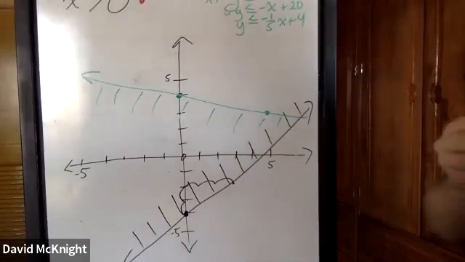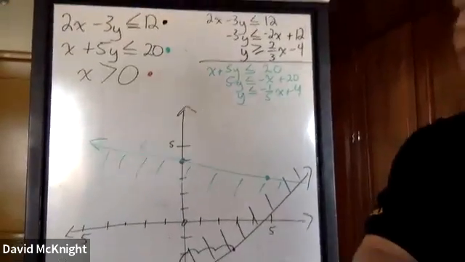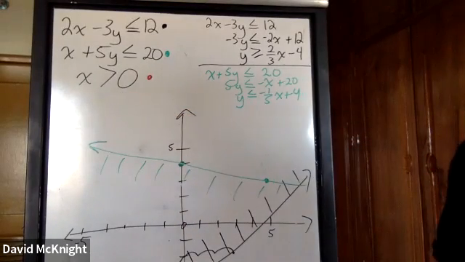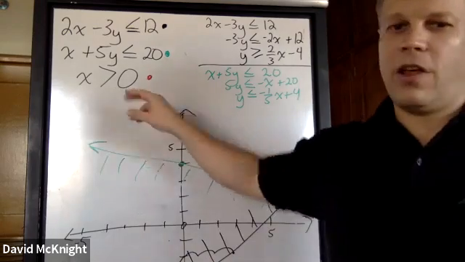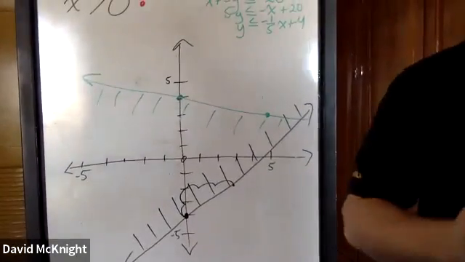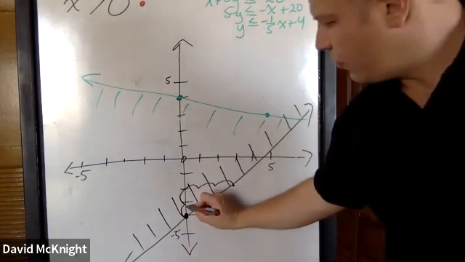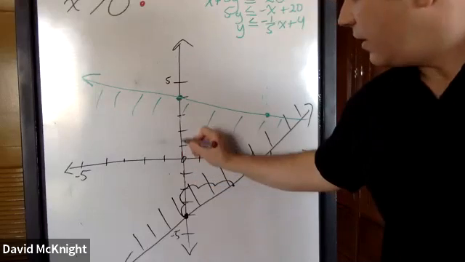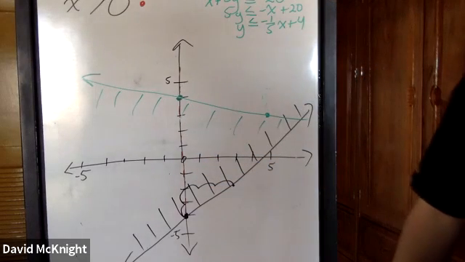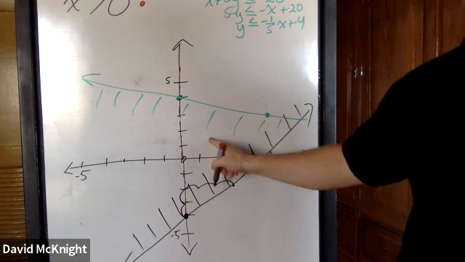But we have one more inequality to look at, and since we have x is greater than 0, that is a vertical line. So x is always greater than 0, and it's not including the line. So I'm just going to put a dashed line. It is on the y-axis. And since it's greater than, we're going to shade to the right of the line.